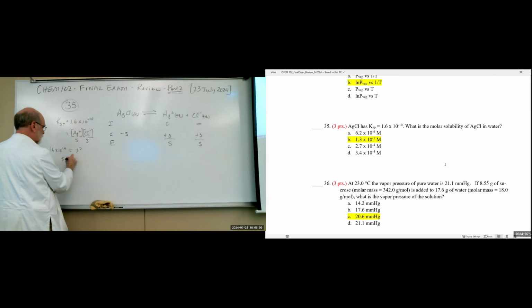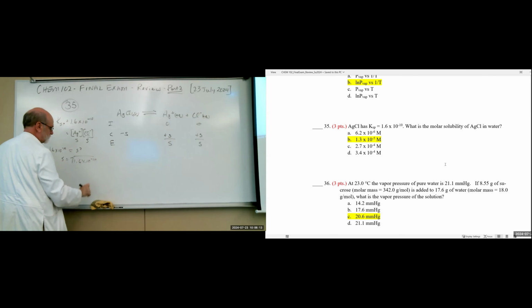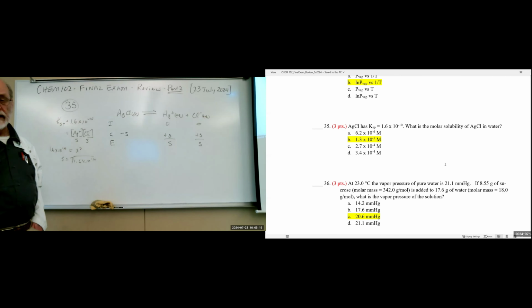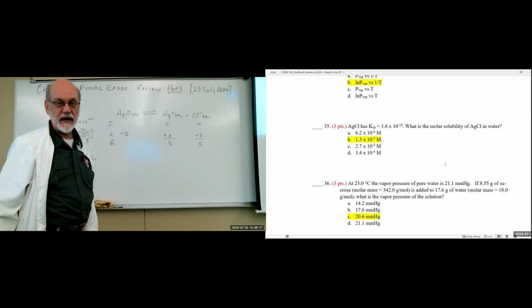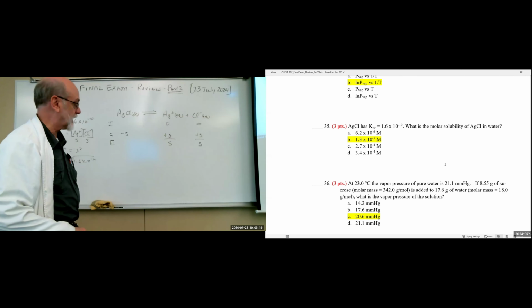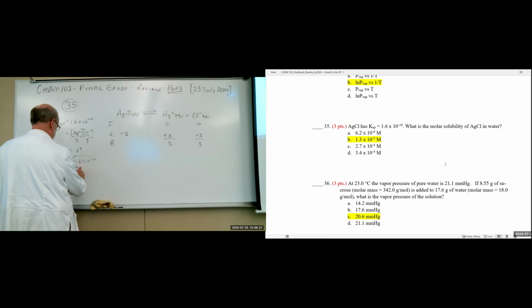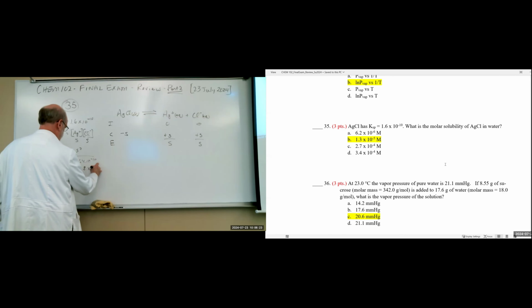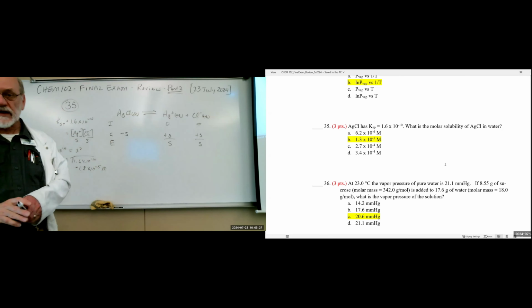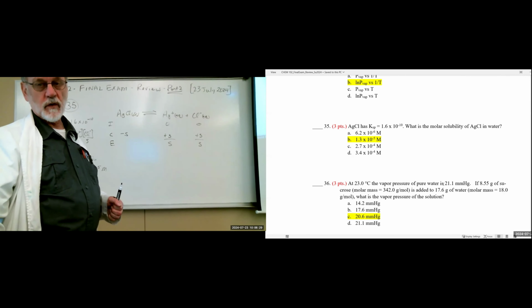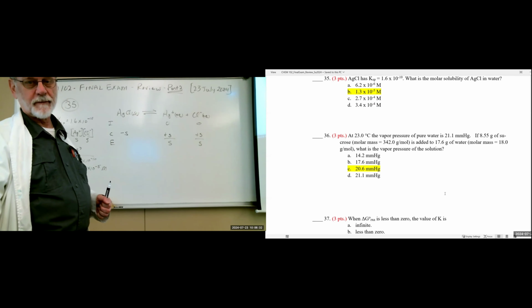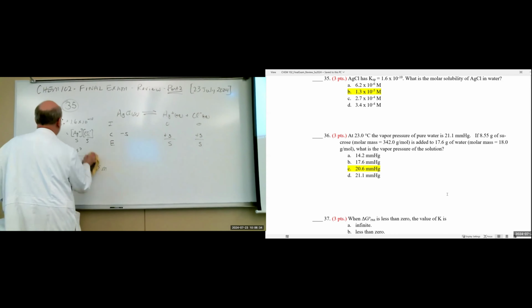So S is equal to the square root of 1.6 times 10 to the minus 10. And that should be, in the interest of time, 1.3 times 10 to the minus 5 molar. That's the molar solubility of silver chloride in water. 36.